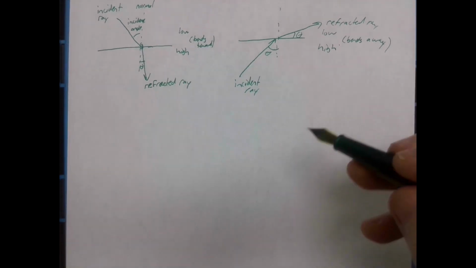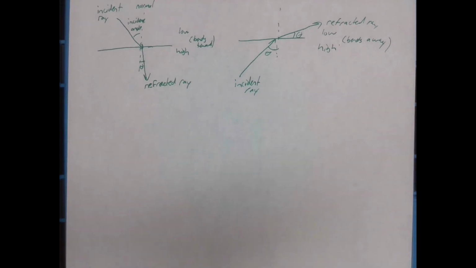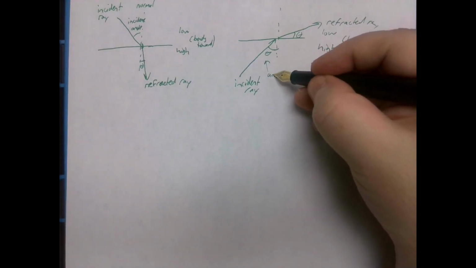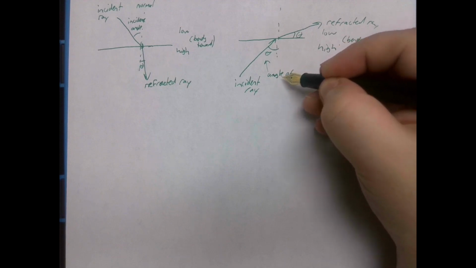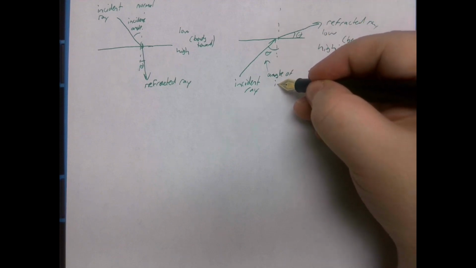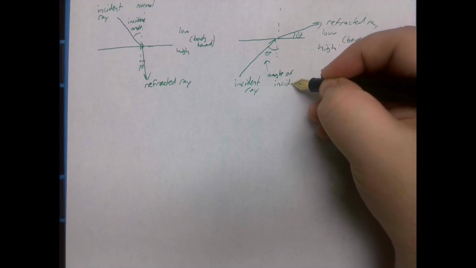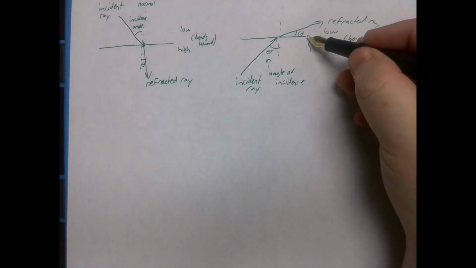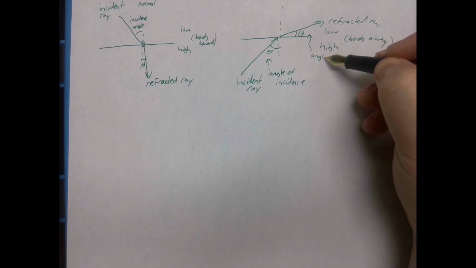And then we have the special case. So this angle here is called the angle of incidence, or the incident angle. And this would be called the angle of refraction.